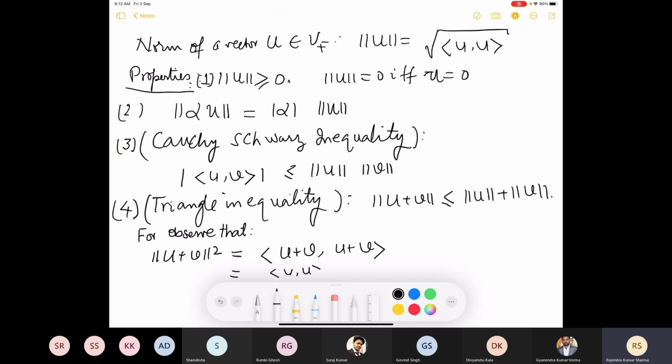So this is U comma U plus U comma V plus V comma U plus V comma V. Recall that the first one is the norm of U squared, and the last is the norm of V squared. Now here you have plus U comma V, and V comma U is the conjugate of U comma V.